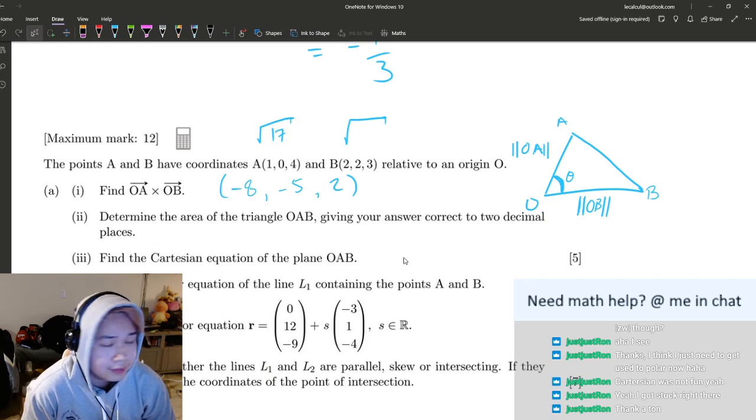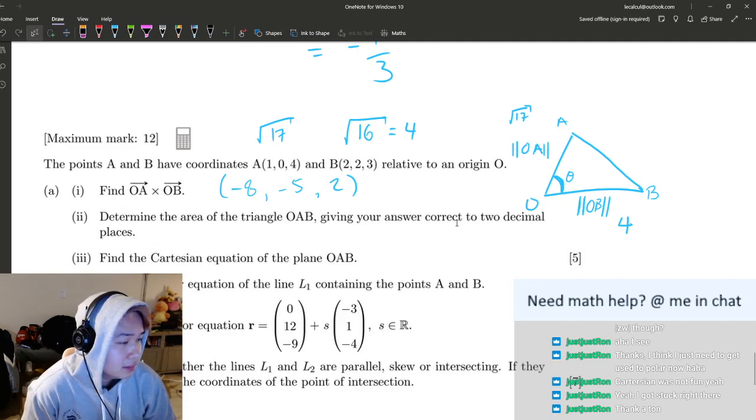This one is 4 plus 4 plus 9, which is 8 plus 9, which is 16, which ends up being 4. So I know that OA is root 17 and OB is 4.